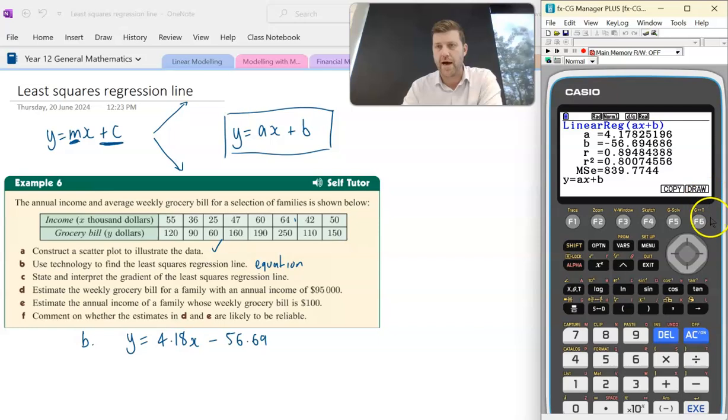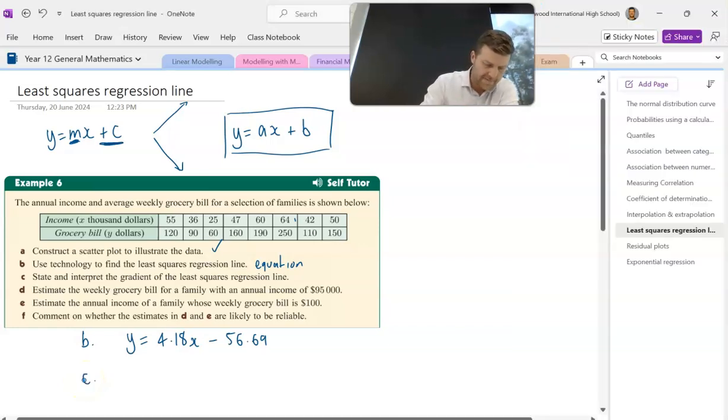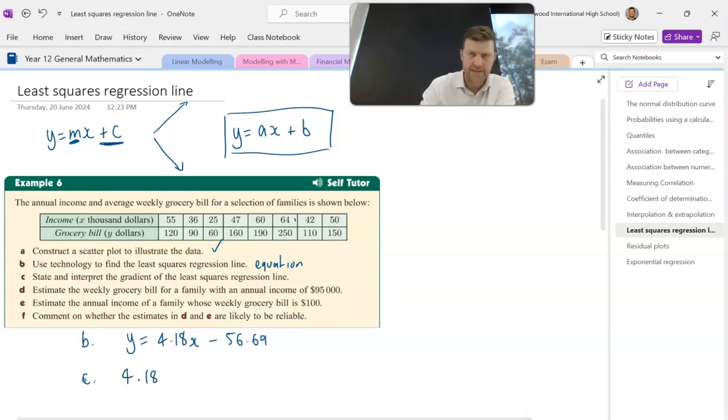So if I go ahead and draw that, the equation of that line is represented with this equation here, obviously. So moving on to C, it says state and interpret the gradient of the least squares regression line. So the gradient we've already said is that value of a, which is 4.18. And again, I've rounded that, approximately 4.18.